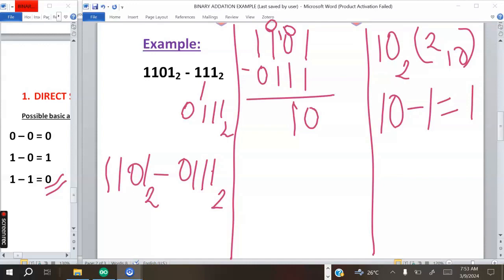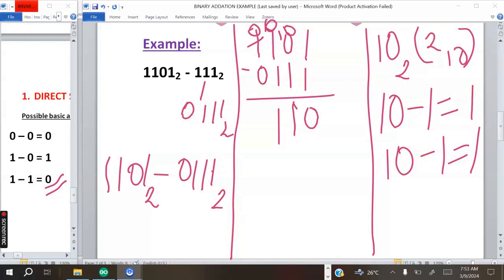If the new value there is 0, it means that we borrow and carry the 1, 1. So we'll have 1, 0 minus 1, which will give us 1. So we'll have another 1 here, meaning that after we borrowed the 1, we remained with 0.